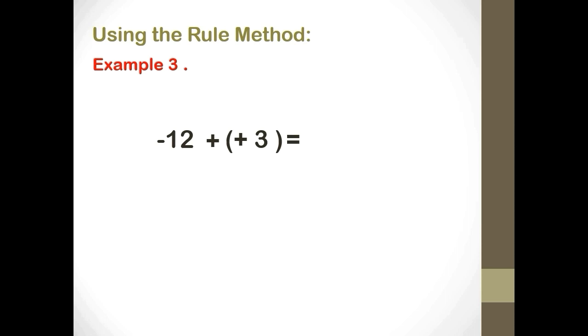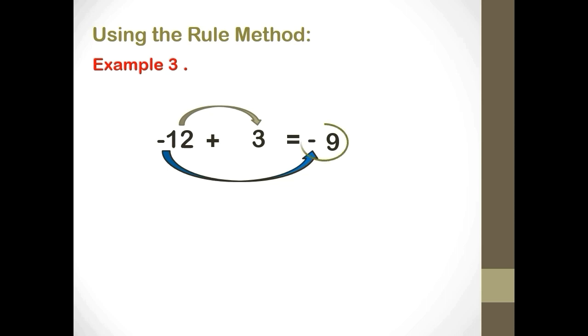And then we simplify positive 3. Now, since we are adding unlike signs, we subtract them. 12 minus 3, you have 9. Now, since 12 has greater absolute value than 3, therefore, we followed the sign of 12, which is negative. Therefore, our answer is negative 9.